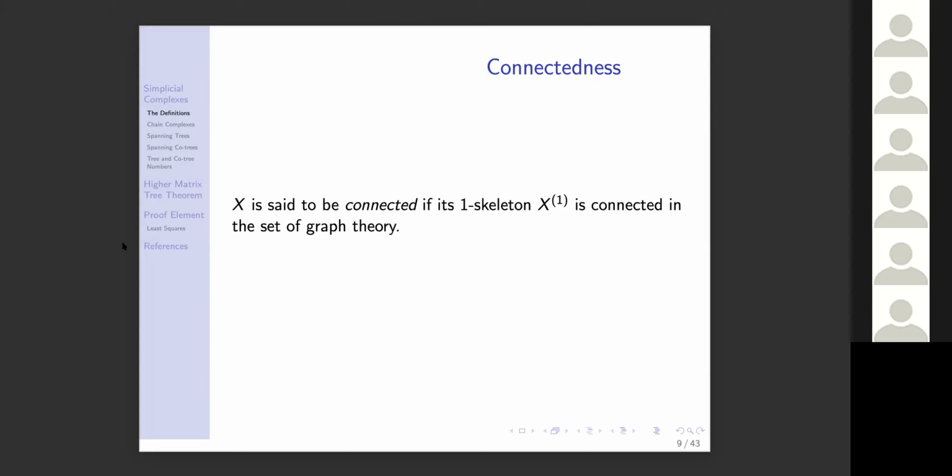X is said to be connected if its 1 skeleton, which is a graph, is connected in the sense of graph theory, which means that any pair of vertices is joined by a path of edges. So it makes sense to talk about connectedness of simplicial complexes. All this means is that if you ignore everything but the vertices and the edges, that graph is a connected graph.